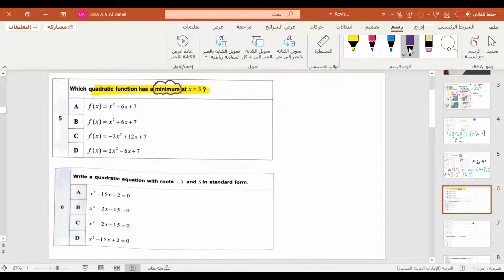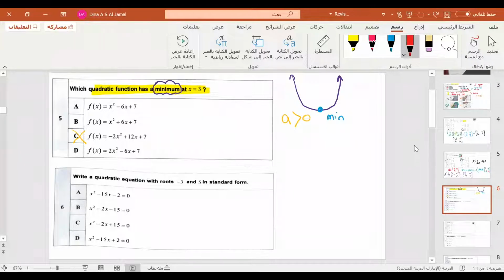So that means your graph will be pointing upward. That's why you have a minimum here. That means your A should be positive. So from the beginning, look at option C, cancel it. This is the first check.